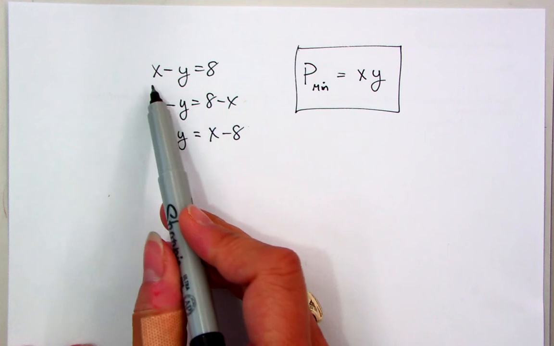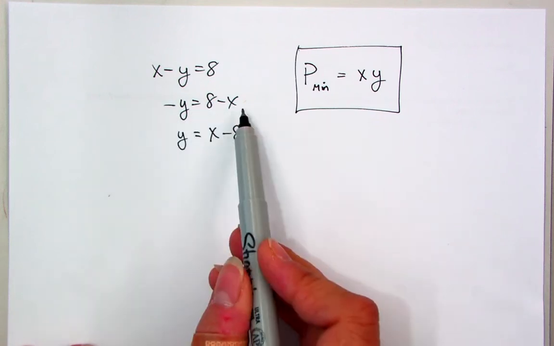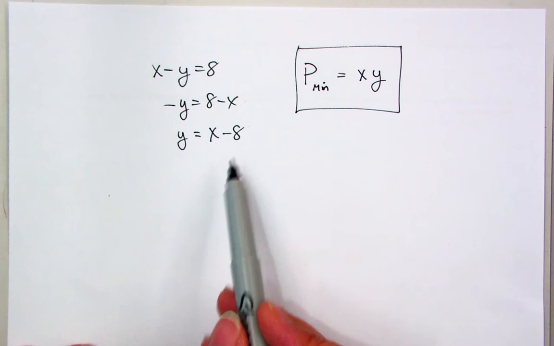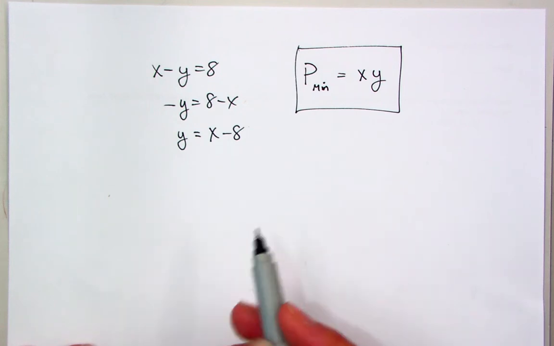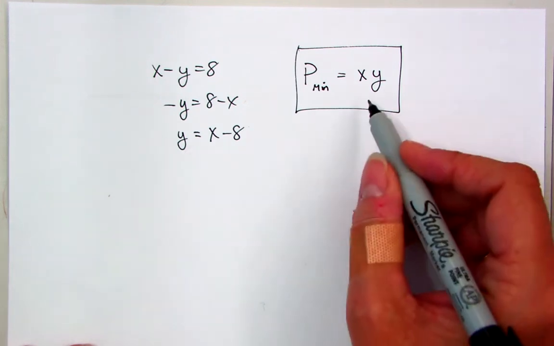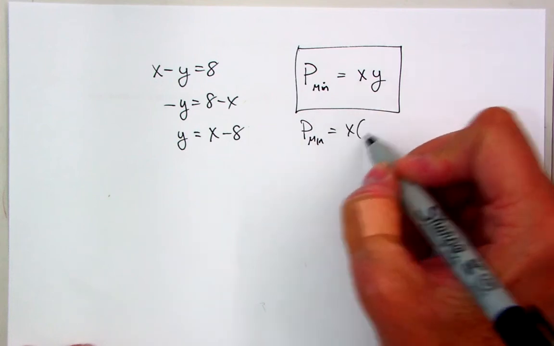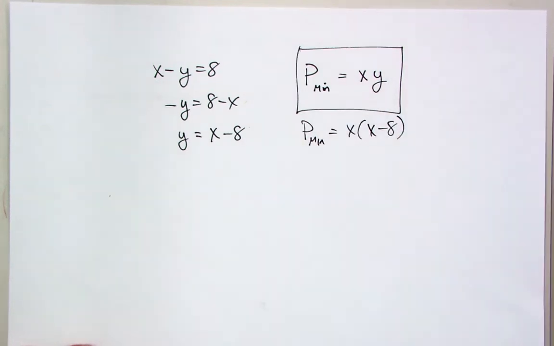Well, I subtracted x, and then I divided everything by -1, which changes everything's signs, correct? Now I'm going to substitute that into this equation. Now I'm down to, well, over here at least, one unknown.